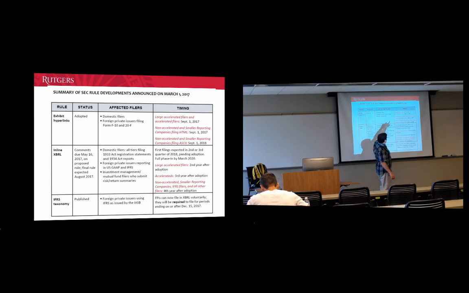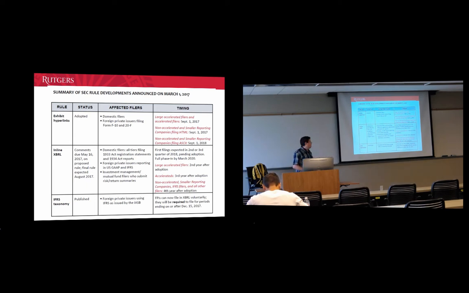You can see that the largest eligible filers are going to start filing in September, and everyone else, with the exception of the smaller reporting companies that are filing older code, have until next September to start doing this. Right now, the comments were due on how inline XBRL works back in May. That's done.